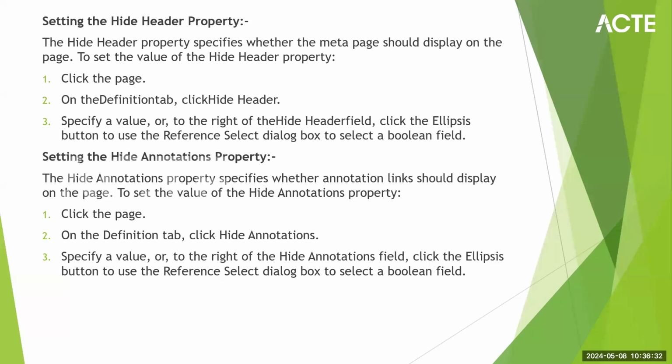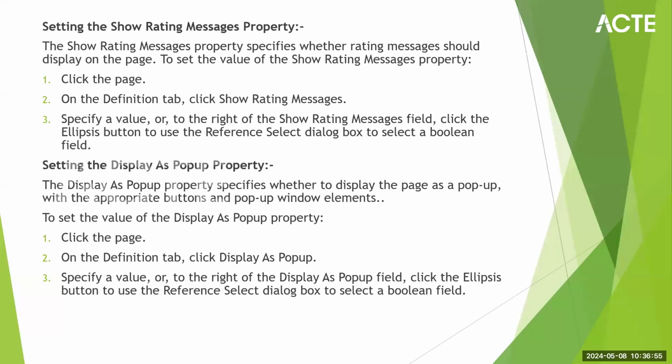Setting the hide annotation property. Like annotation links, for example, when you click on that link, a particular screen should be opened. Those kinds of things will be here. Click on the page, on the definition tab, click hide annotation, specify a value or map the respective field which already exists.